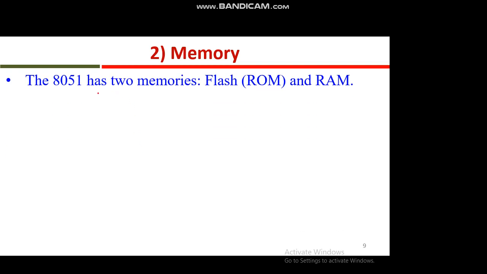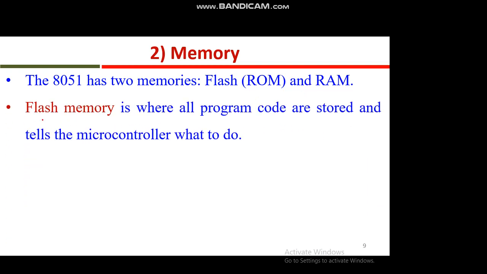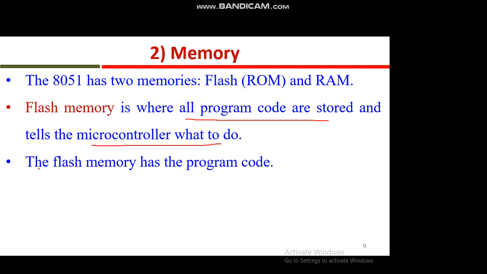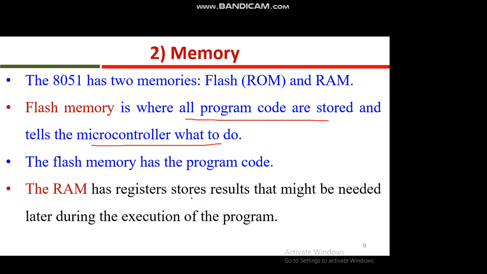The 8051 has two memories. One is flash ROM and the other is RAM. Flash memory is where all program codes are stored and tells the controller what to do. The flash memory has only program code. The RAM has registers that store results that might be needed later during the execution of the program.